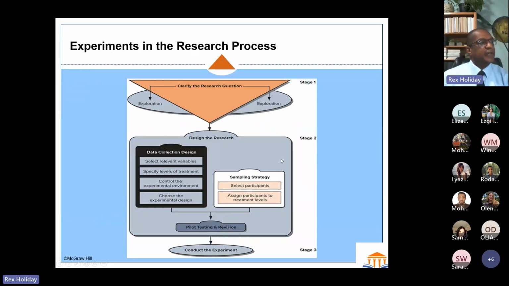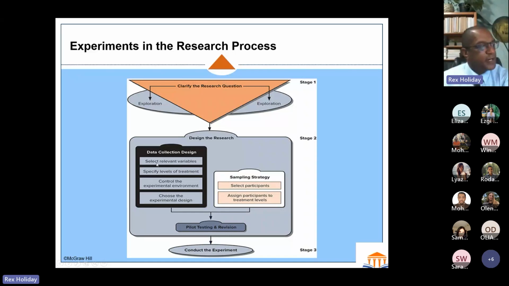Okay, so let's go ahead. We'll come back to this maybe after the break if we need to, but here is our little diagram showing experiments in the research process. So design the research, data collection design, and this is relevant to experiments.